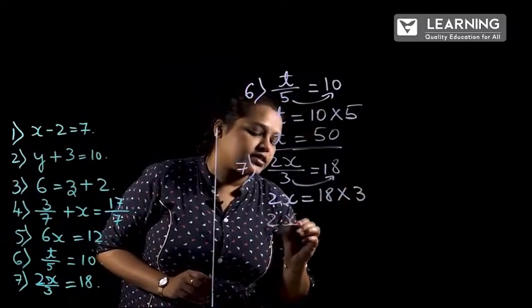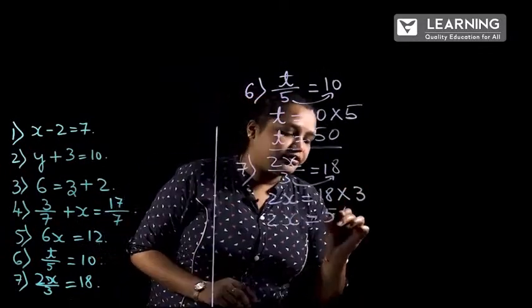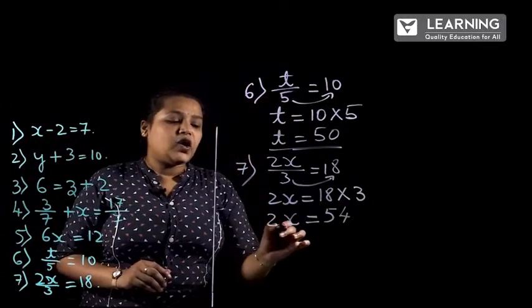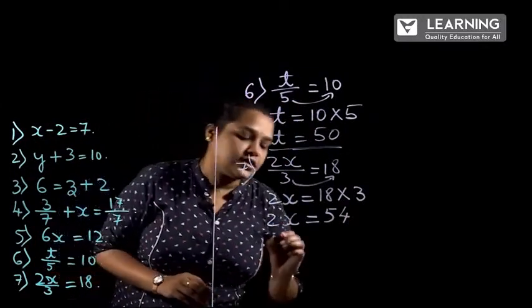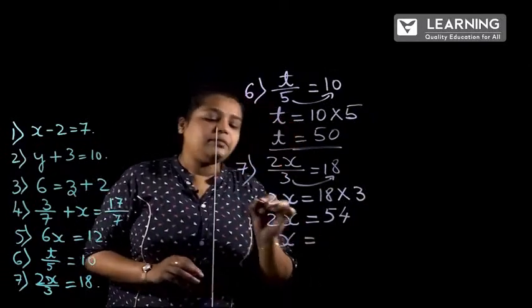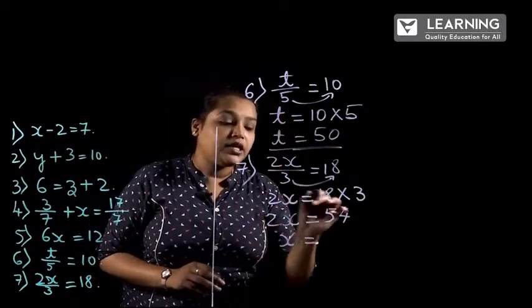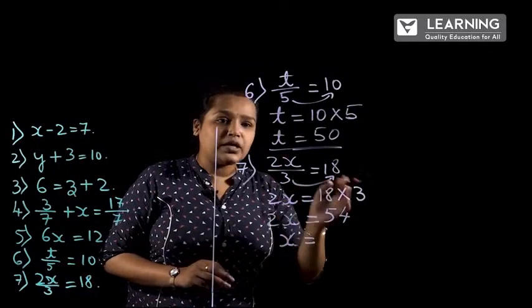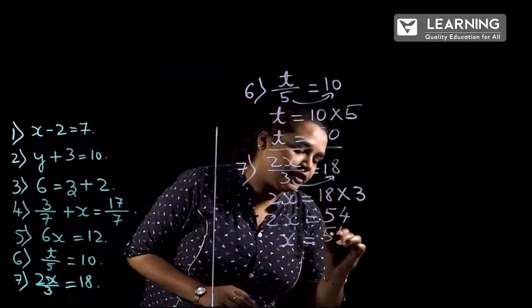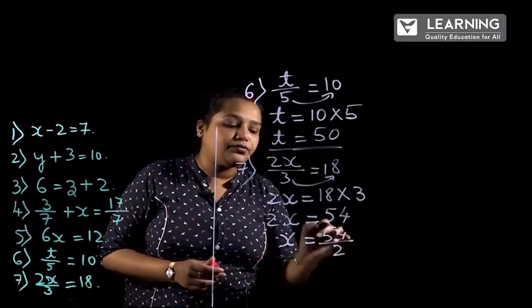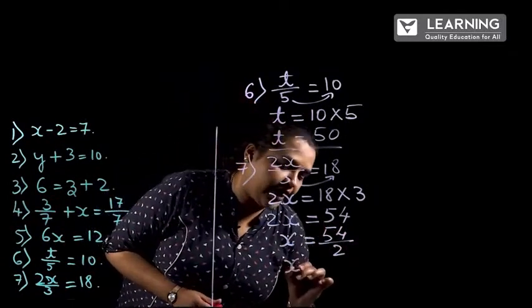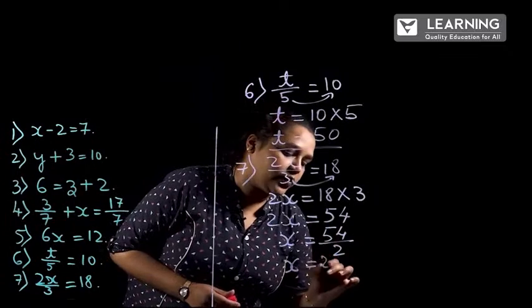So 2x will be equal to 54. We have to find the value of x, but here it is 2x. The multiplication by 2 will become division when we move to RHS. That will be 54 by 2. Now dividing 54 by 2, the value of x will be equal to 27.